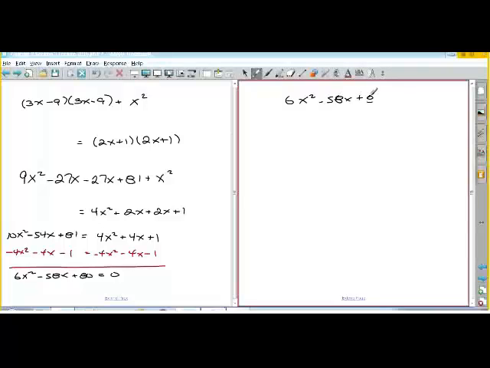I'm just writing it down again. Can we simplify this by dividing through by a common factor? Well, yeah, we can divide by 2. So we'll get 3x squared, and if you divide that by 2, you'll get 29x, and you get 40.